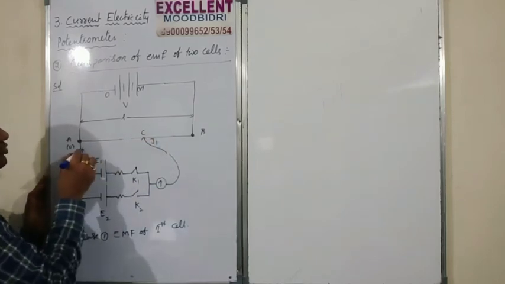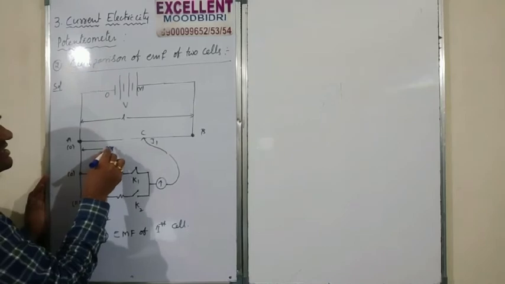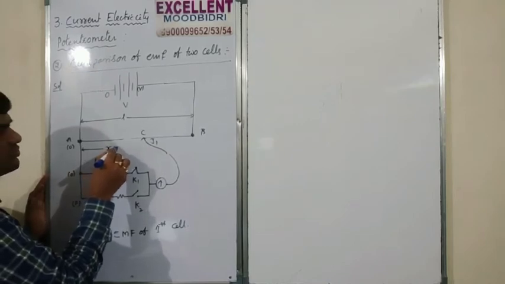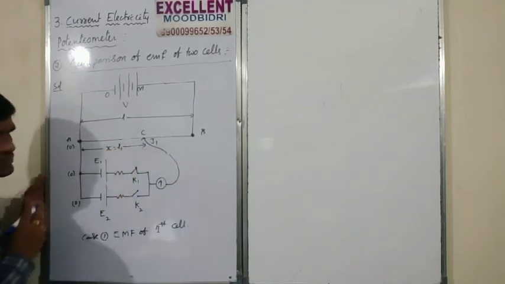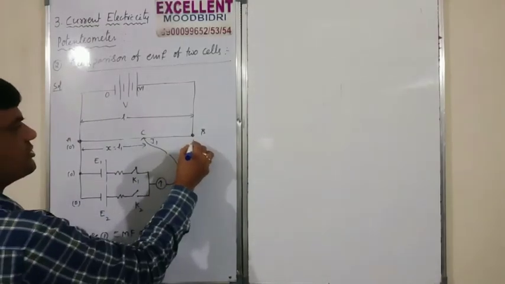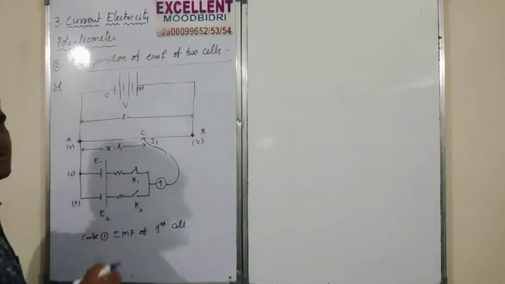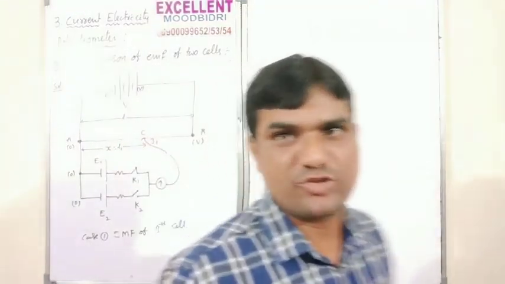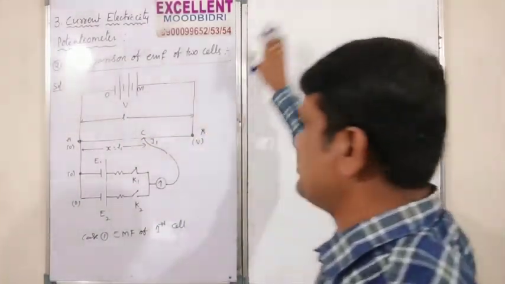From here to here I will consider X1 equal to L1. So according to the formula, you know what the formula is? Your potential is equal to how much? V only. There is no resistor. If a resistor is there, the potential would change, but now there is only wire.